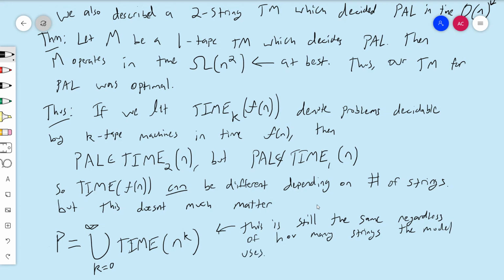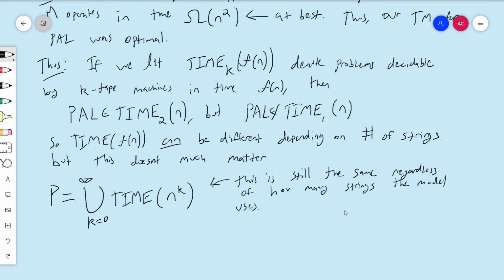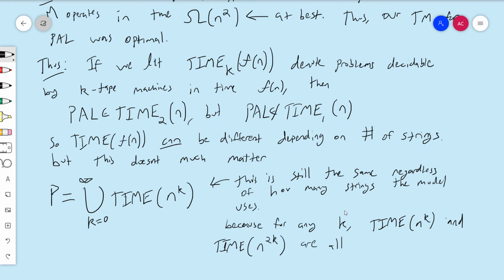It's still the same regardless of how many strings the model uses because for any k, we have that time of n to the k and time of n to the 2k are both contained.